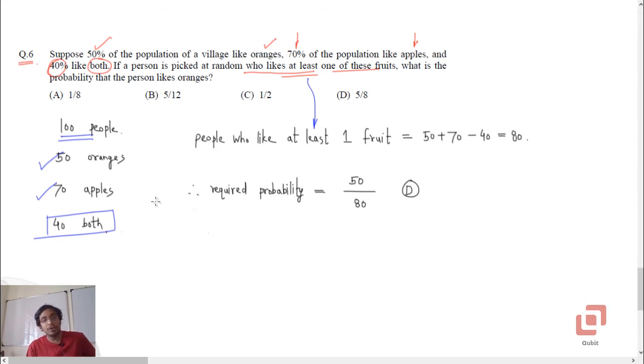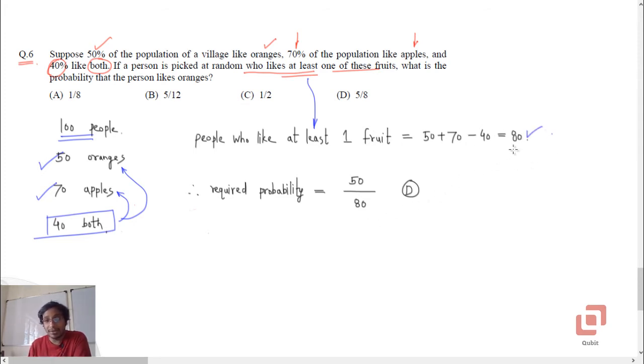The total number of such people will be people who like oranges plus people who like apples minus people who like both, because these are counted not only in this set but also in this set. That is basically the principle of inclusion exclusion. So 50 plus 70 minus 40, this will be 120 minus 40, so 80.